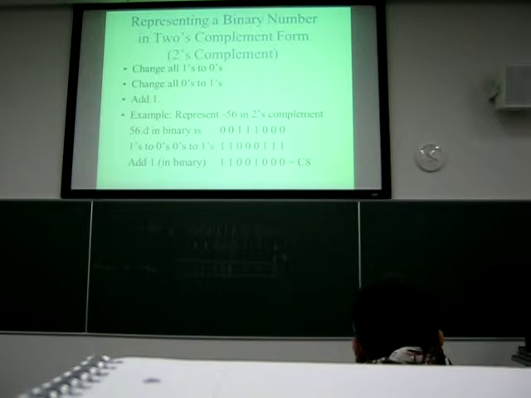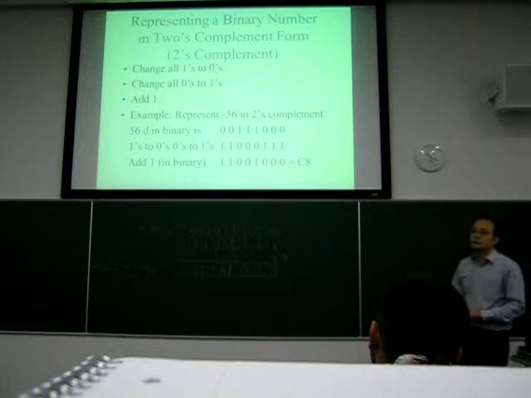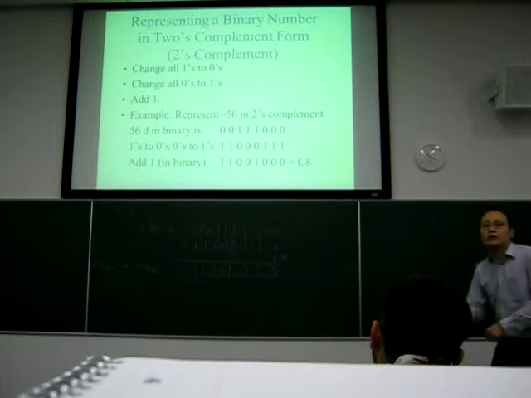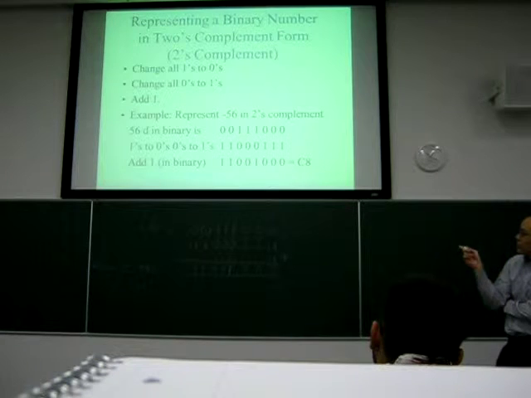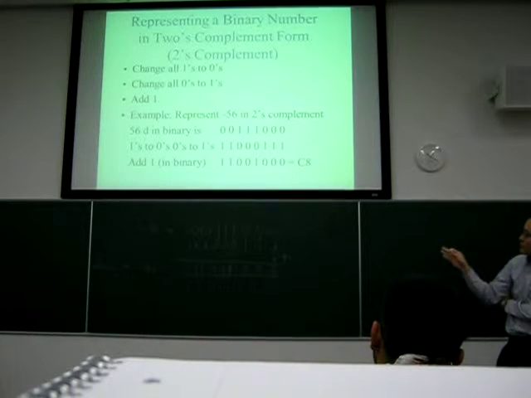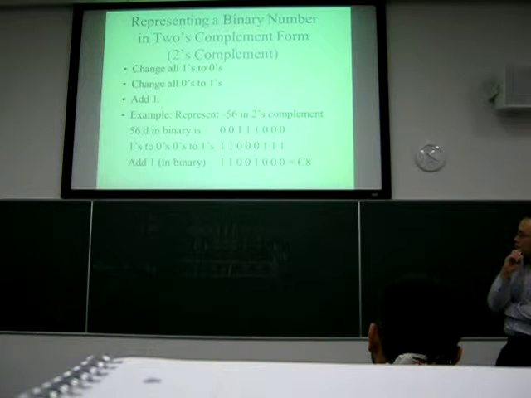Yeah? The thing I don't understand is that this number also represents the 200. Yes. How can we have two numbers? Because here, this number is 200. Why is it 200? Because if you convert the binary to decimal, you will get 200.